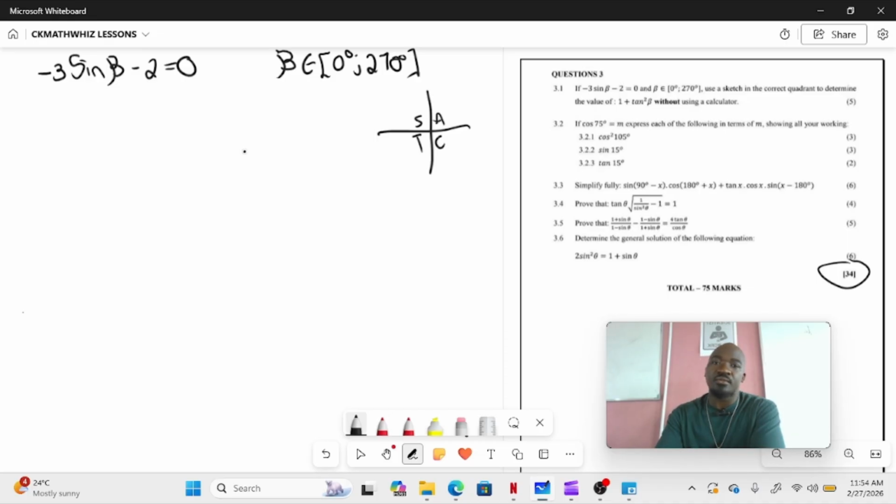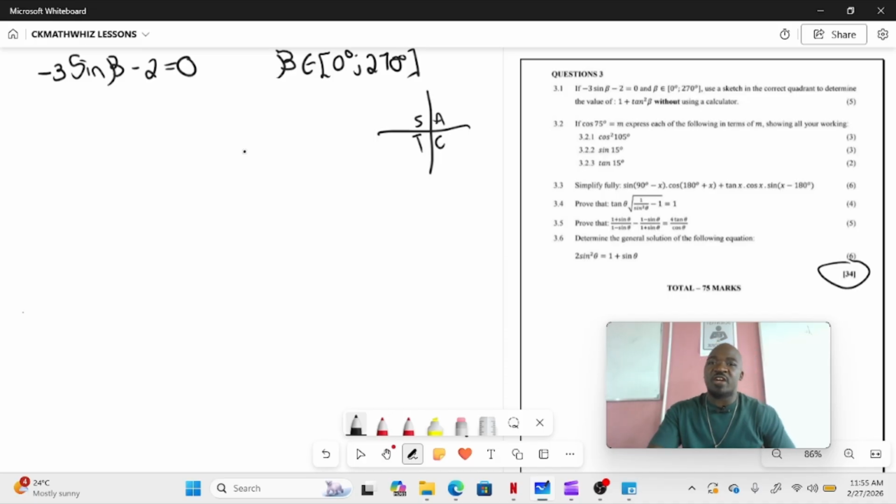We usually cram this CAST. I know that C is supposed to be on my 4th quadrant, then A, S, T. Someone starts from the 1st quadrant and they simply say all stations to Cape Town. Understand? All stations to Cape Town. We also use that with my students. At the same time, it's CAST.